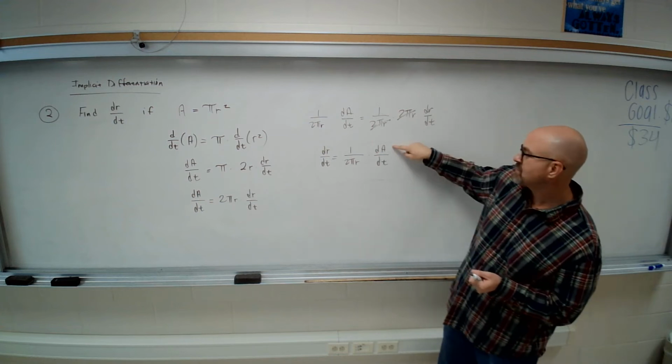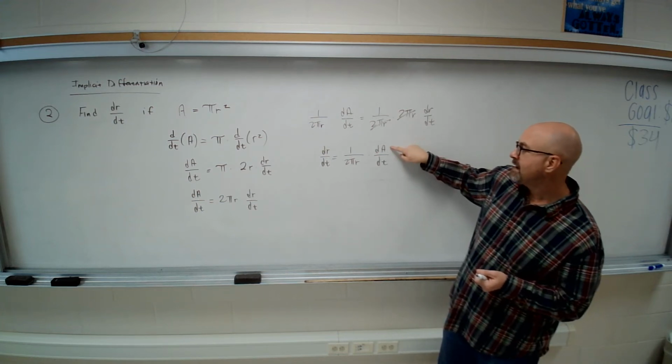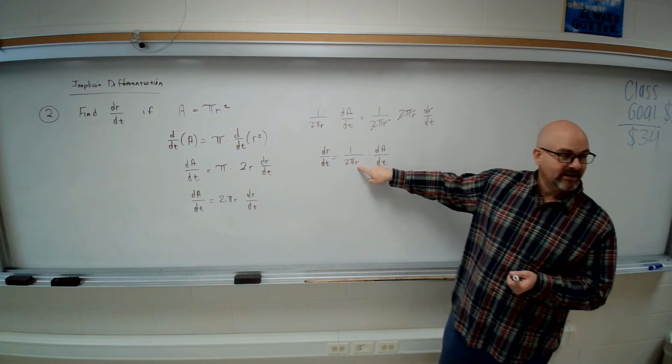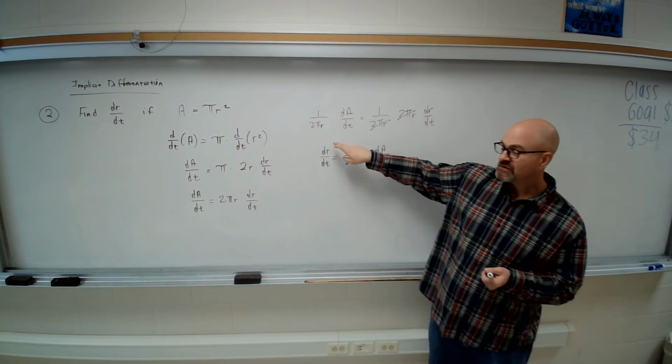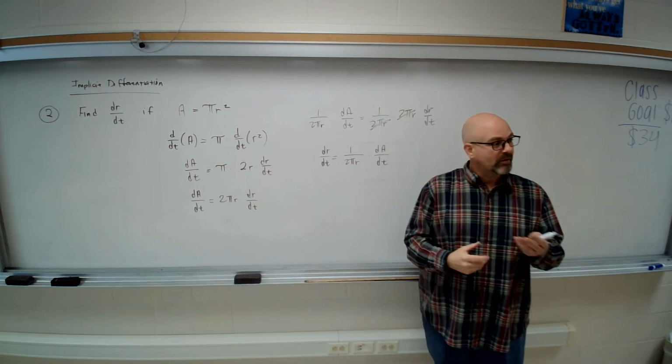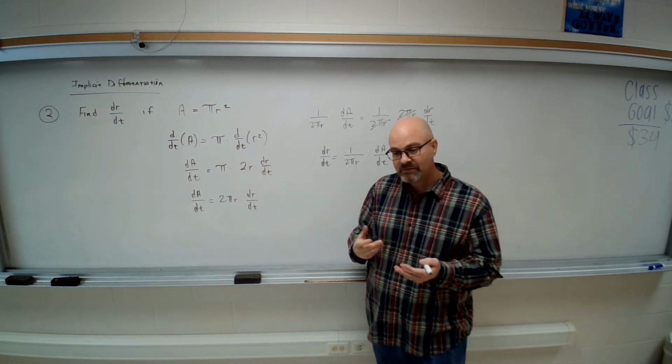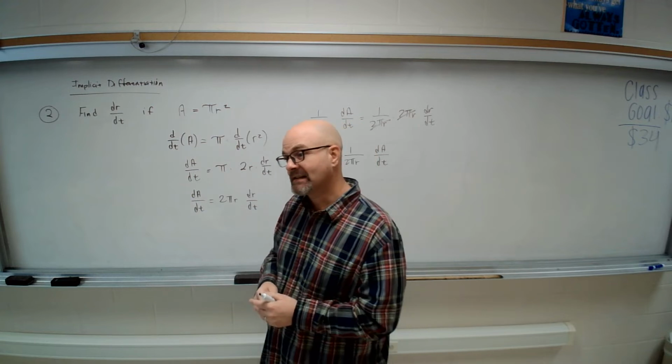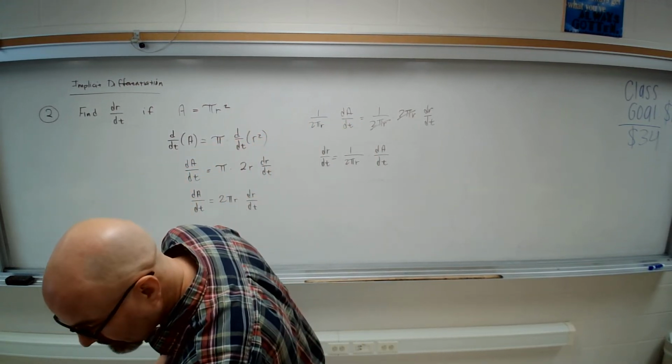And notice if this was square feet per minute, you divide it by feet right here. So you would just get feet per minute, which is good because radius should be a linear measure where area should be a square measure. So this should make sense in terms of the units. It's a nice way to check things.